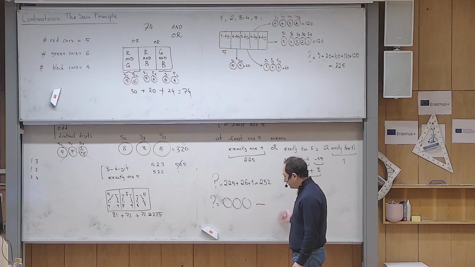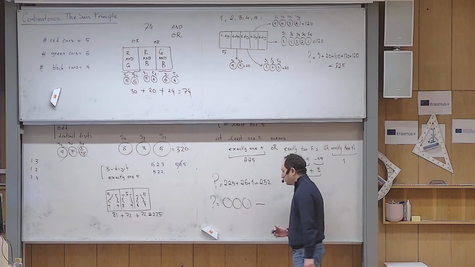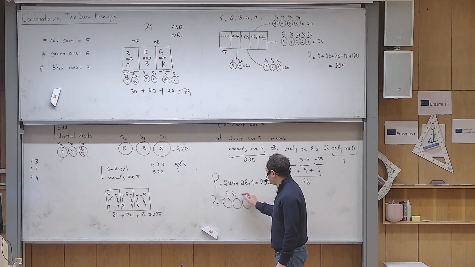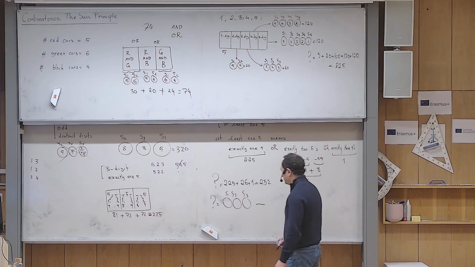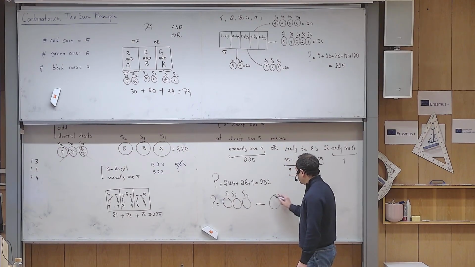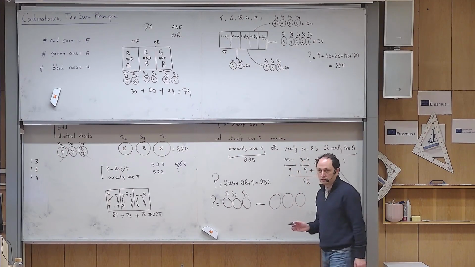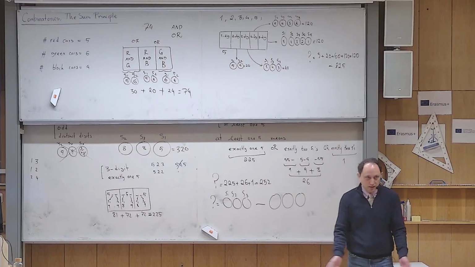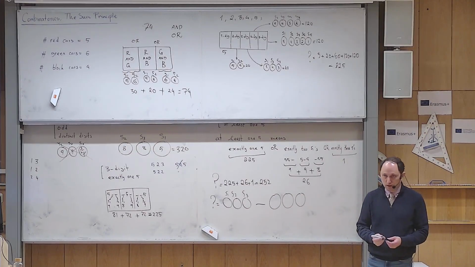If you want, you can call it the difference rule here for two cases, but usually it is called the complement rule. So I would say: how many 3-digit numbers are there, minus the total number of 3-digit numbers without any 5s. And then what is left for me are the ones with at least one 5. This is important. Do you understand that?